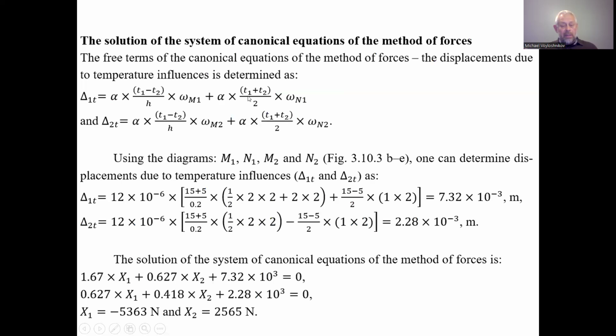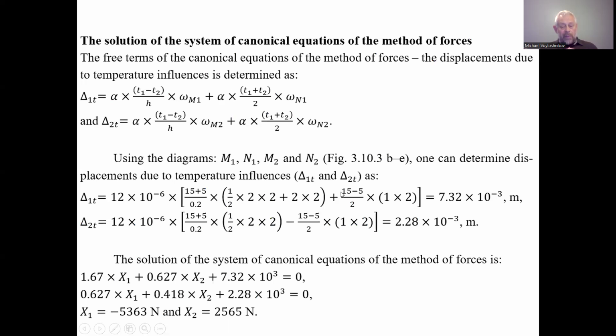And if we consider the middle temperature in the middle line of the transverse section of the beam of the mechanical system, we have to add the temperature on one side to the temperature on the other side and divide by 2. But the temperature on the second side, outside the mechanical system, is minus 5 degrees Celsius.